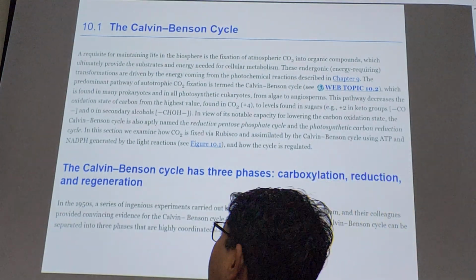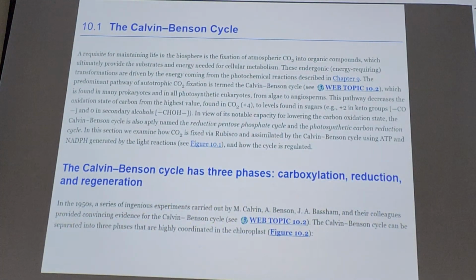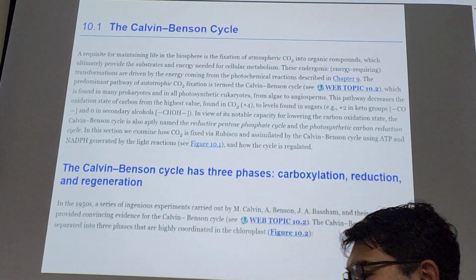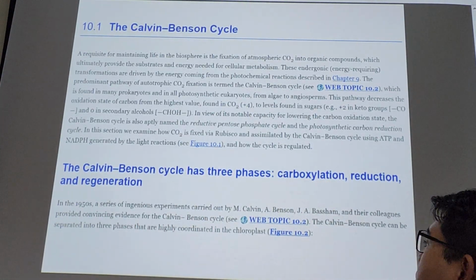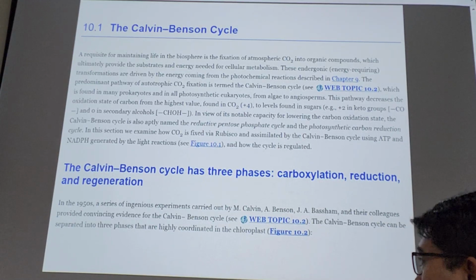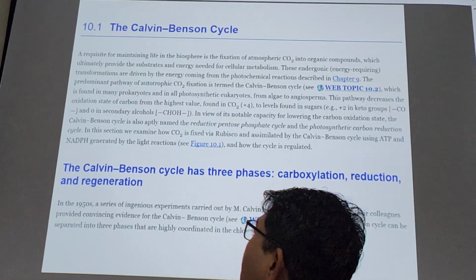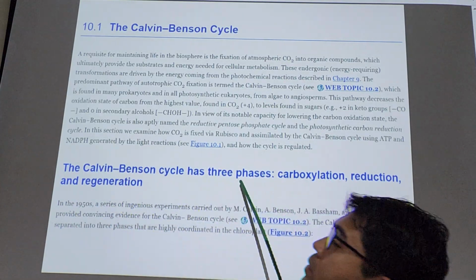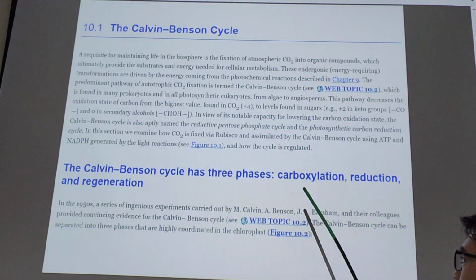Right, so let's look at what actually happens in plants, even though they do not have the CCM. How does it achieve the carbon cycle? First things first, the carbon cycle, or the Calvin cycle, has 3 phases. Bear that in mind.